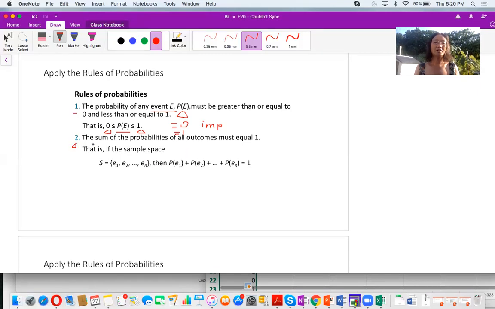The second rule: the sum of the probabilities of all outcomes must equal 1. So if you have a sample space with outcomes E1, E2, up to En, the probabilities of each event added together equal 1.